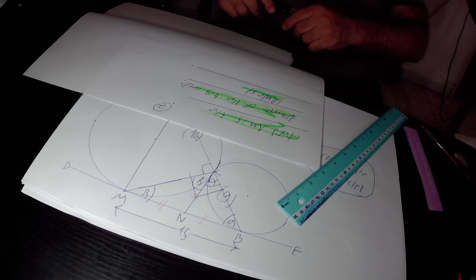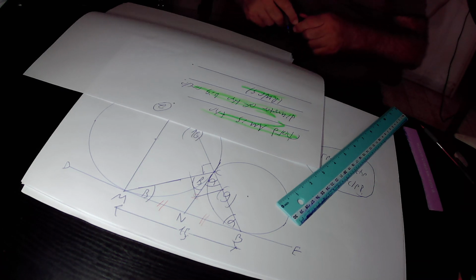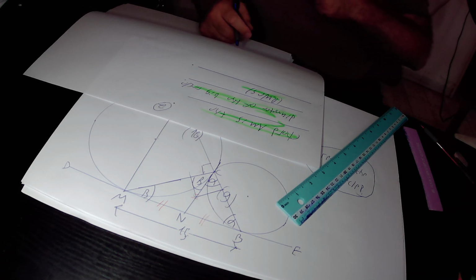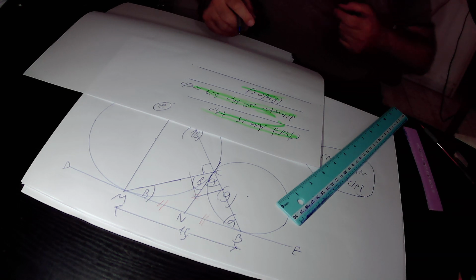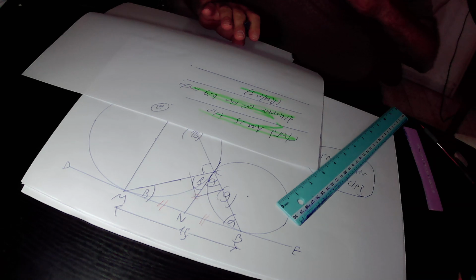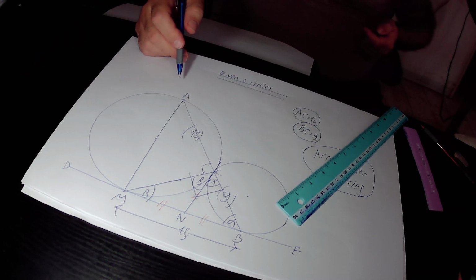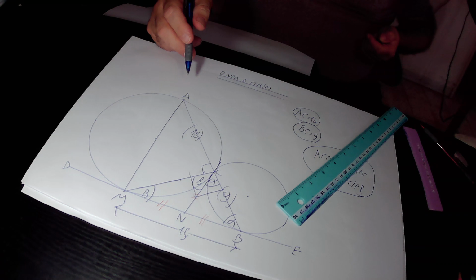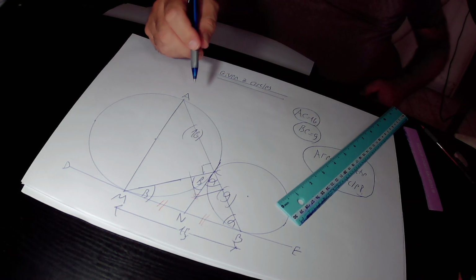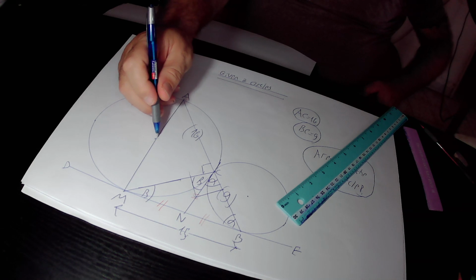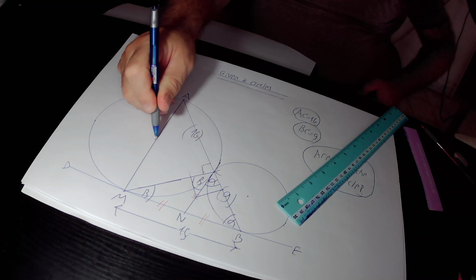We also know that the center of any circle must be located on the diameter of the circle. Therefore, the center of this big circle must be located on chord AM, that is the diameter of this big circle. So, this is the center of the big circle.